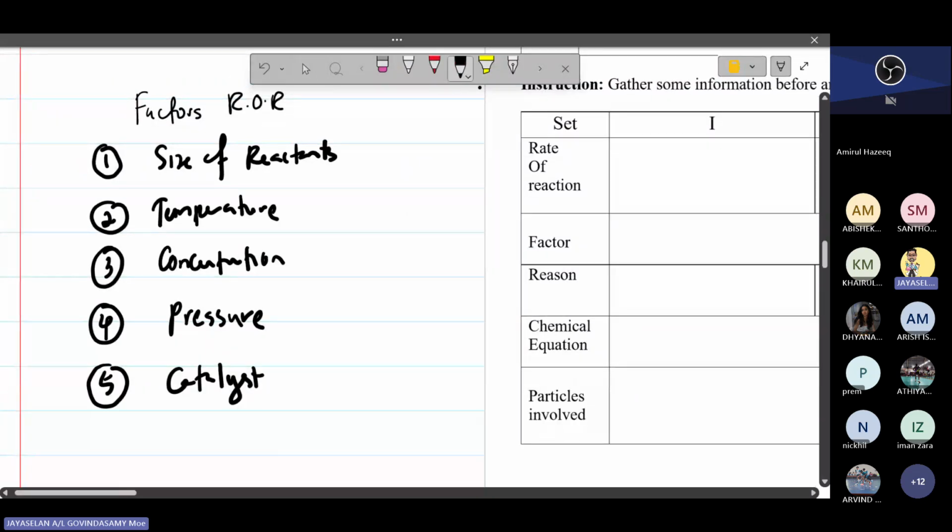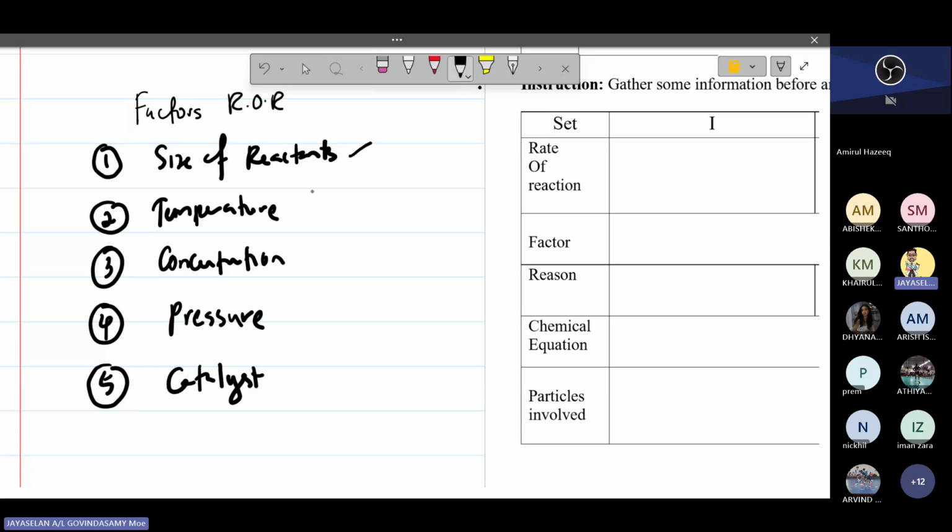I will teach you the format to compare two experiments today for 1, 2, 3, 4. I don't want any mistake in your exam. Which of the following is the factor that affects rate of reaction: size of reactant, temperature, concentration, pressure, and presence of catalyst.